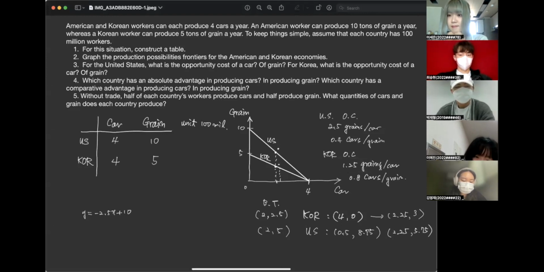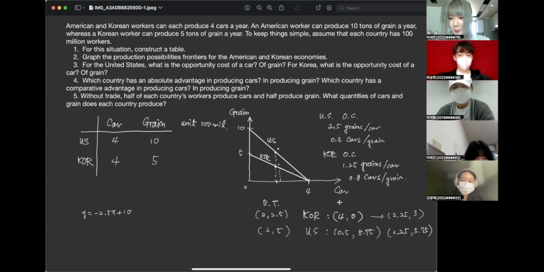Oh yeah, that's a little bit weird looking, units and words, but the US opportunity cost for a car, right? For each car you want to produce, you need to give up 2.5 grains. How did I get it? 10 divided by 4, or the slope of this PPF line.